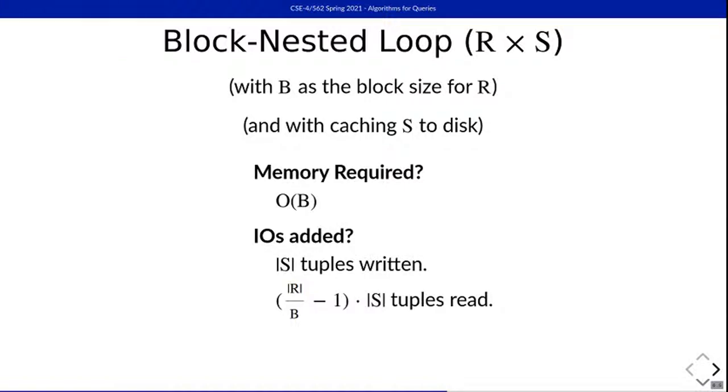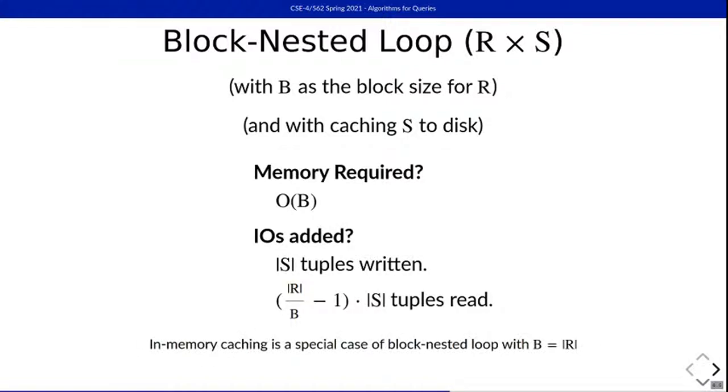But this can be significantly lower than regular nested loop, because instead of iterating over literally every tuple of R, we can create a block of a couple hundred, 1,000, or even more tuples from R and just iterate over those.